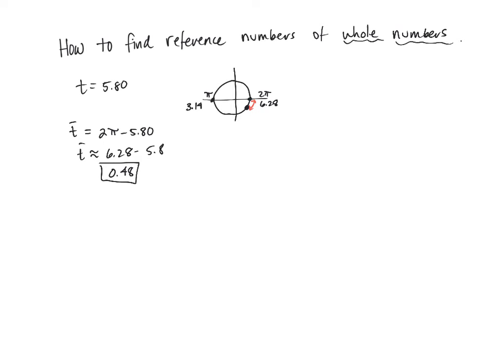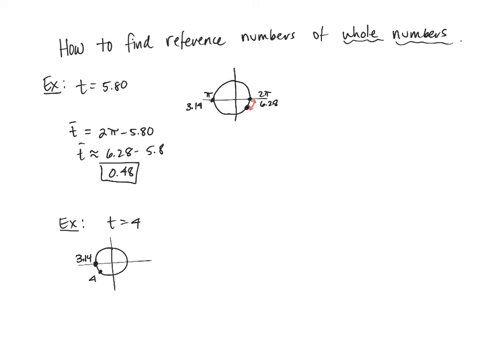And so we could do, let's see, maybe one more. How about if we were given, for example, t is 4. So then we just think about, since this right here is about 3.14, 4 would be over here.